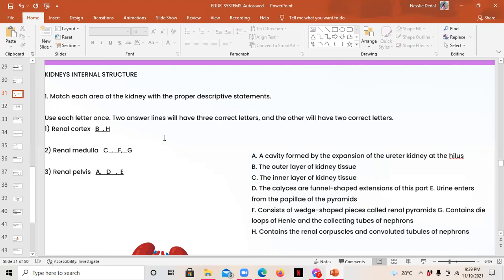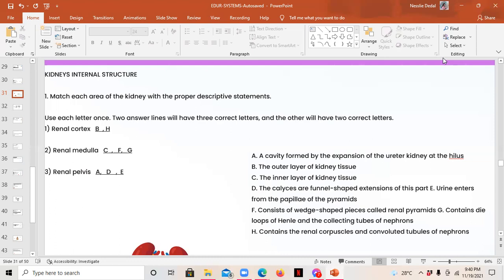Renal medulla: letter C, the inner layer of the kidney tissue, letter F, consists of the wedge-shaped pieces called the renal pyramids, and letter G, contains the loops of Henle and collecting tubules of nephrons.